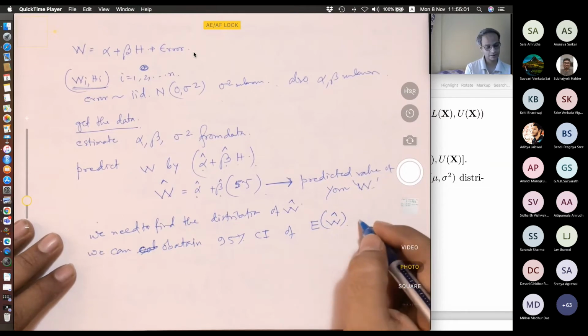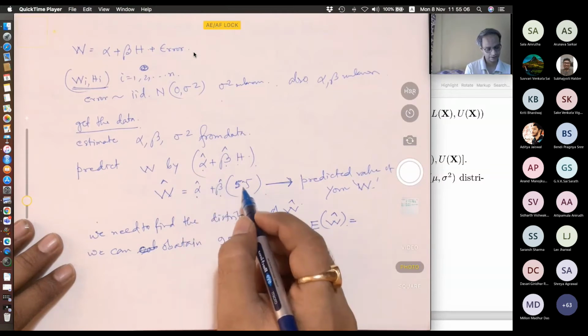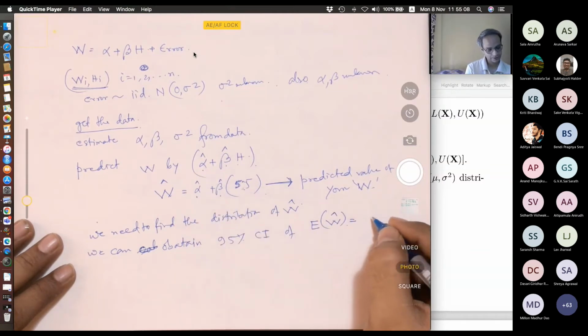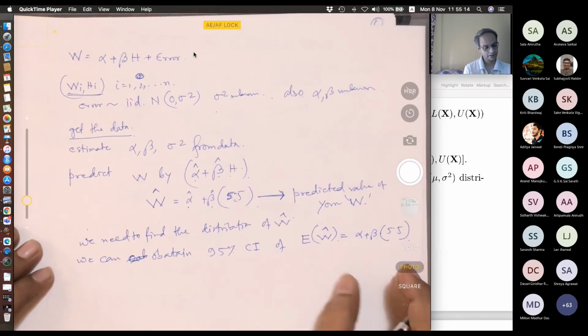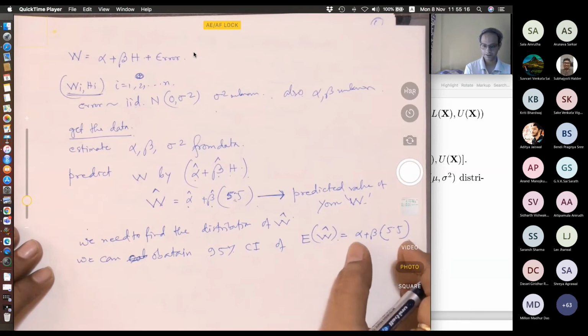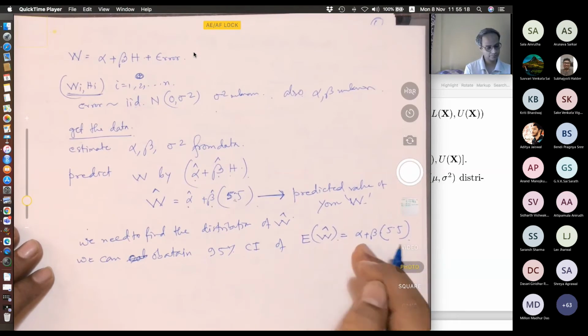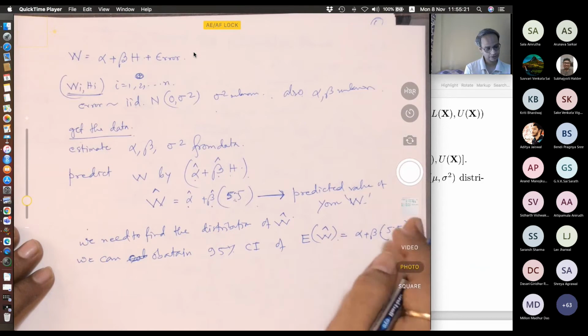This is a parameter, and it can be shown that the expected value of W hat, given this number, will be alpha plus beta into 5.5 if you have plugged in 5.5 there. Alpha is unknown, beta is unknown, so this parametric function is unknown.